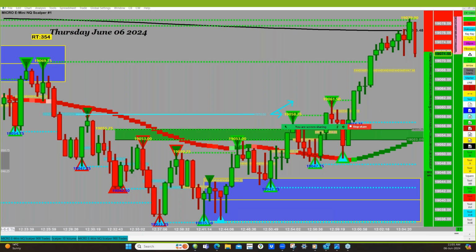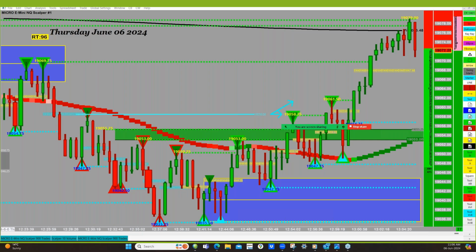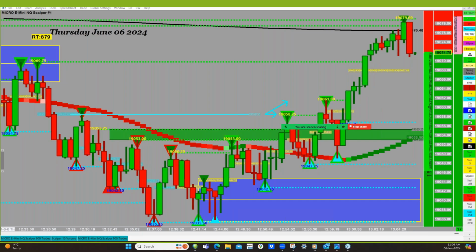What we want to look at today are swing highs and lows. Now, almost everything is based off of swing highs and lows. Fibonacci, for example, Elliott wave, for example, and support and resistance are based off of swing highs and lows.